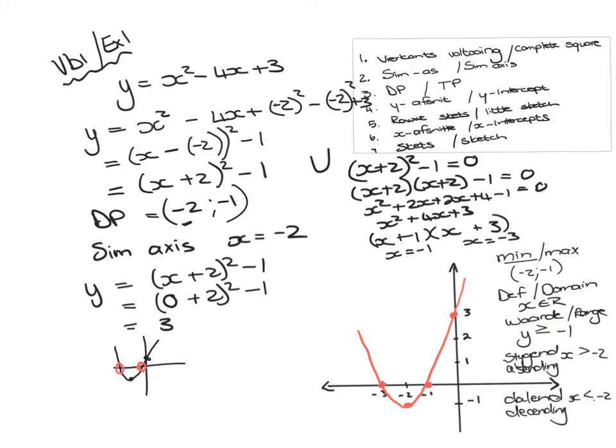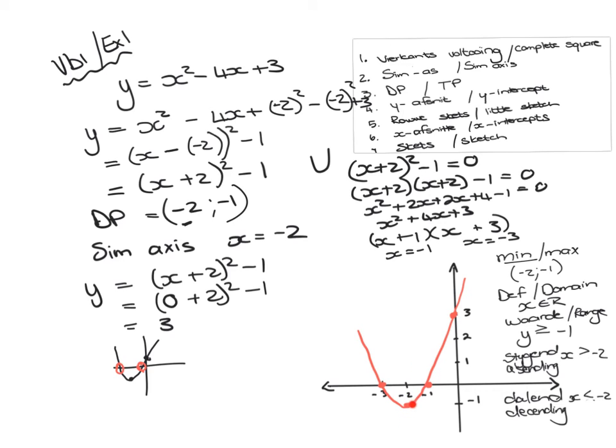Die waardeversameling of die range is die y-waardes waar y gelyk is aan of groter as -1 en waar y al hoe groter word. En kyk, hy word mos groter in daai rigting. As hy ook so onderstebo geloop het, sou hy kleiner geword en dan sou y kleiner gewees het. Hierdie grafiek is stygend. Waar styg hy? Soontoe. En hier is sy middellyn by -2.